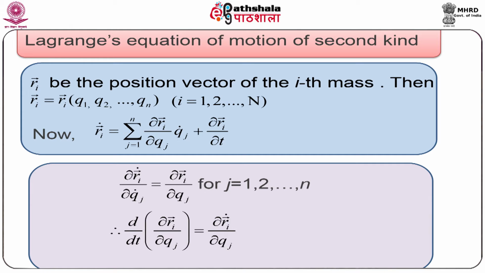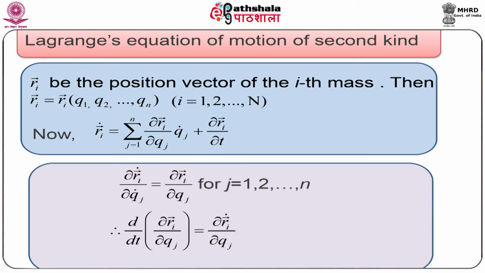If we differentiate Ri vector dot with respect to qj dot, then from this equation we get del/del qj dot of Ri vector dot equal to del/del qj of Ri vector. This result is valid for j equal to 1, 2 and so on up to n.